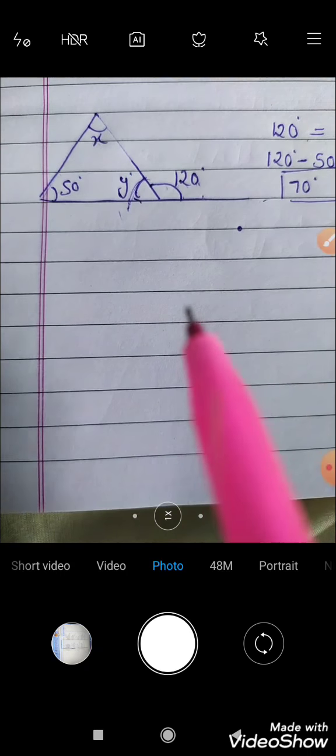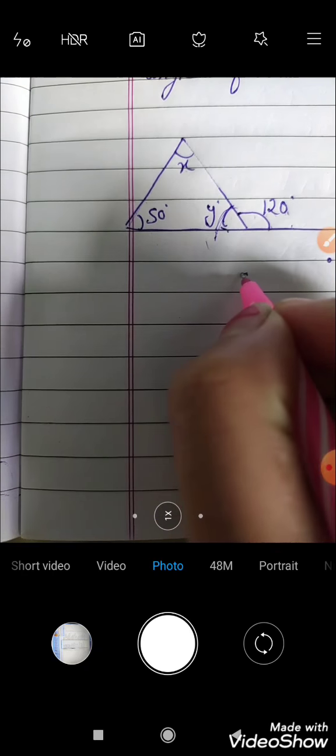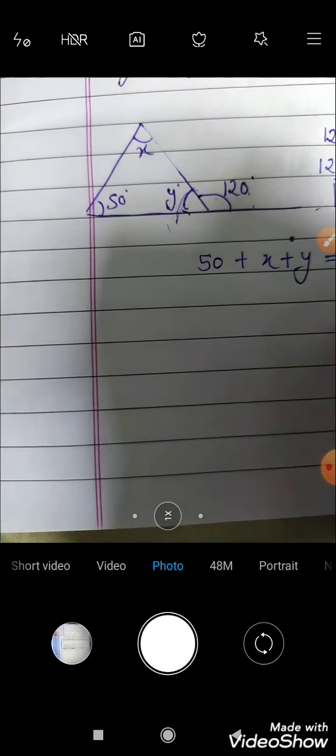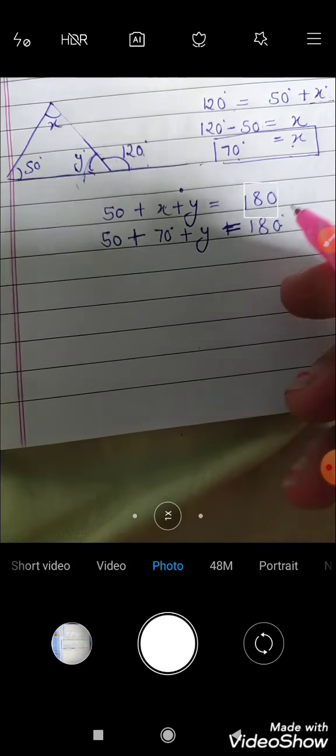For this we apply angle sum property of a triangle. According to this property, sum of interior angle of a triangle is 180 degree. So as we already find out the value of x and it is 70 degree, so we are going to replace x with 70 degree and we write y as it is, and on the right hand side we write 180 degree.